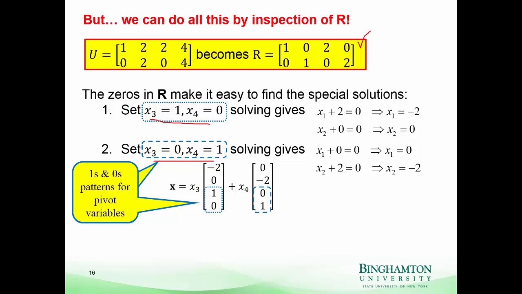So notice that our two special solutions are set by how we pick x3 and x4. If there's more than just two elements, we will never have more than just one of them be 1. So one of them will be 1, all the others will be 0. That's kind of key.